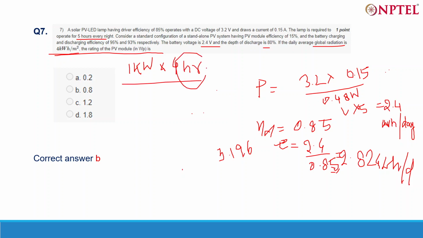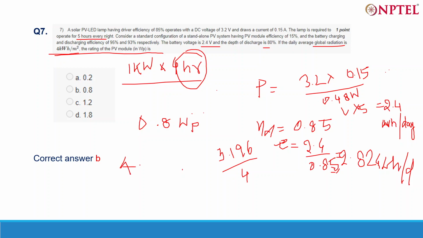So in 4 hours of operation, for a single hour we will be requiring 0.8. So we need to calculate the area of the module.